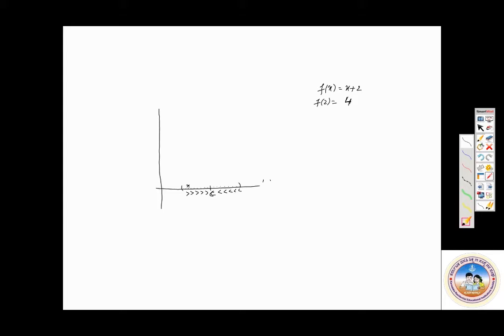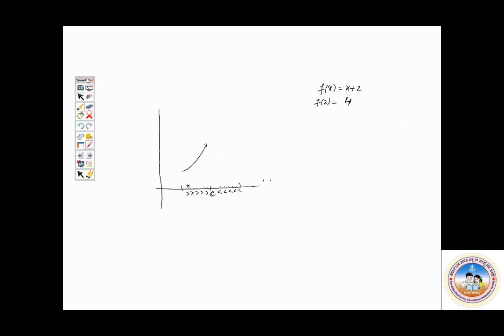Assume that when x is tending to C, the f of x values reach nearer to one value when x is approaching C from one side, and x is approaching C from the other side.